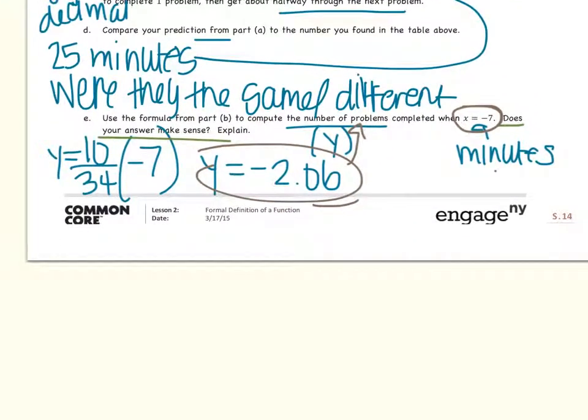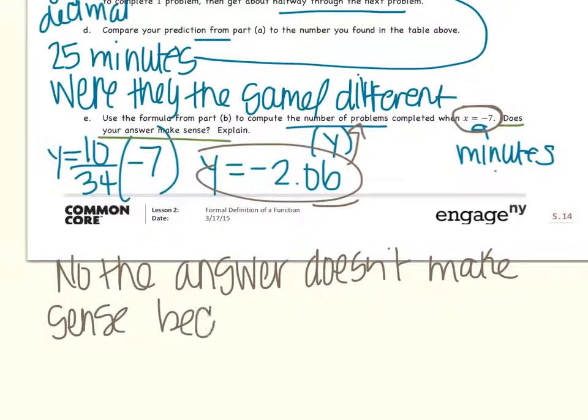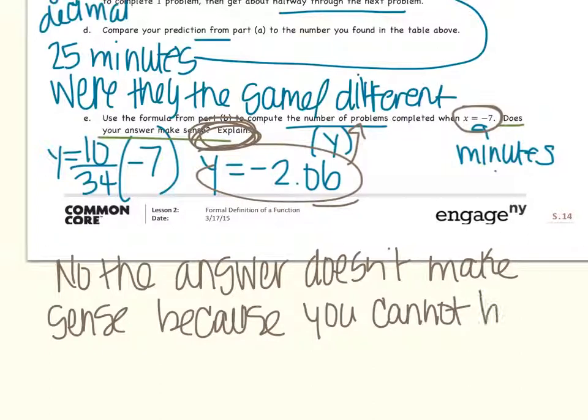So I'm going to say no. The answer doesn't make sense. Because, and I am saying because, it has this word explain, because you cannot have a negative time.